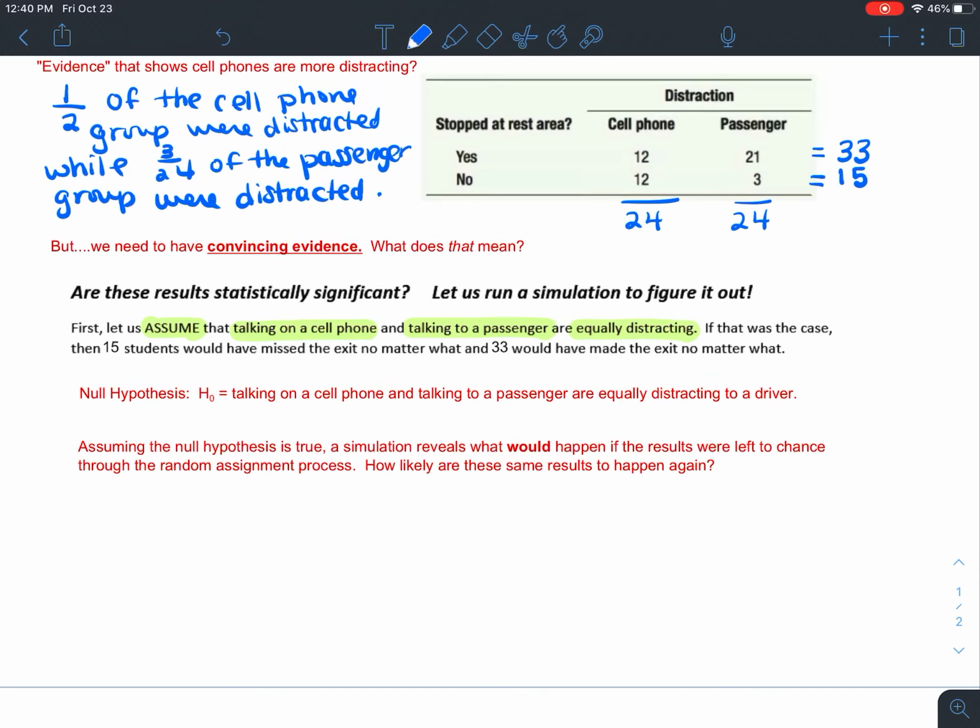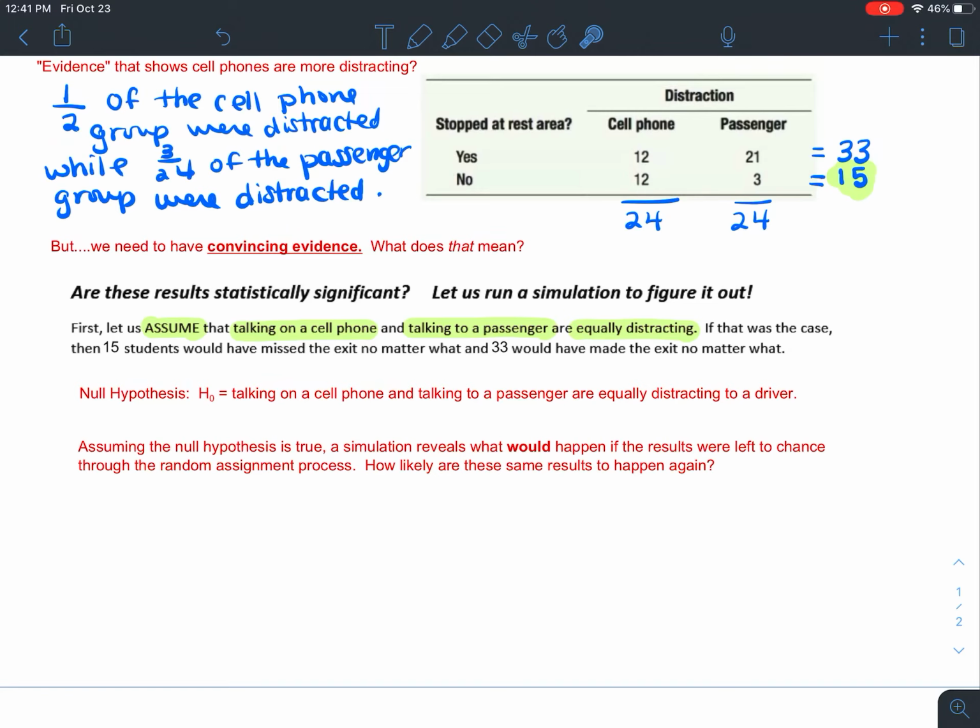Okay? So what that means is if these are both equally distracting, and you'll notice we had 15 total students between the two treatment groups who got distracted and missed the exit. Okay? So if cell phones are just as distracting as a passenger or vice versa, then those 15 students would have missed the exit regardless of which treatment group they're in.